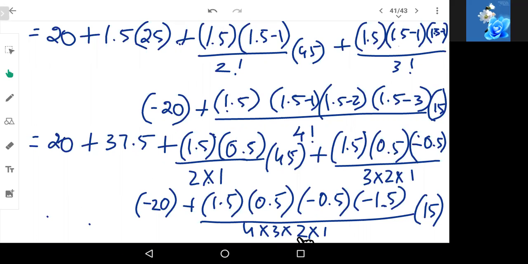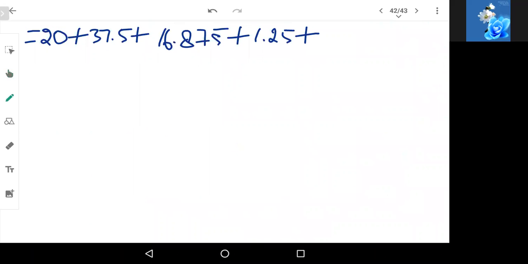So divided by 24, 0.023437 you'll get. Multiply that with 15. So what you get here is 0.3515625.